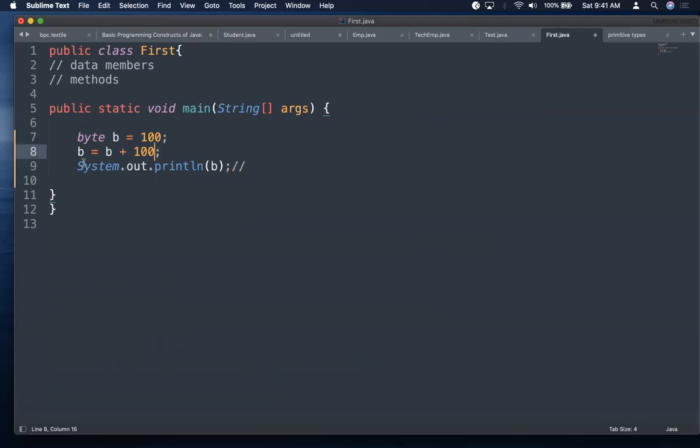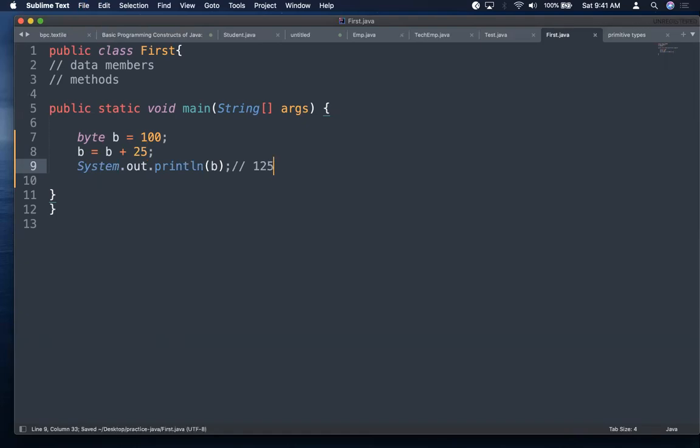It is 200, which is not in the byte range. So I will keep 25 only here. Byte b equal to 100 and b equal to b plus 25. B is 100 plus 25, which is 125, well within the range of a byte. The byte range goes up to 127, right? So usually everybody will expect an output of 125.